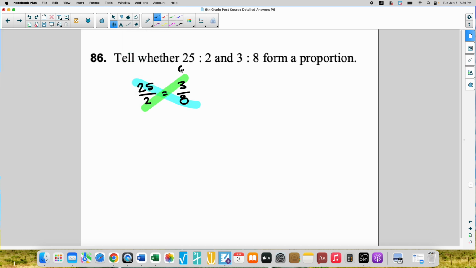So 2 times 3 is 6. 25 times 8 is 200. How did I know that so quick? Well, there are 4 quarters in a dollar, and if you have 8 quarters, that's $2 or 200. So these are not equal, so they are not proportional.